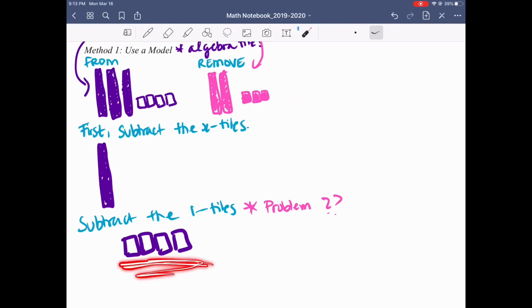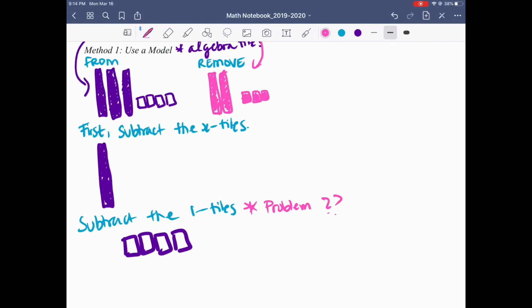But we don't have any positives to subtract. How can we take away 3 positives if we don't have 3 positives? So there's a little trick that we have to do with this. Since we don't have 3 positives to take away, what math allows us to do is that we can actually make or add in our own positives.